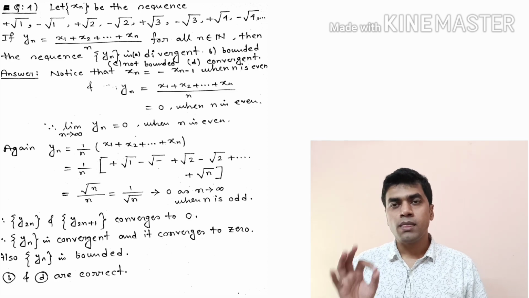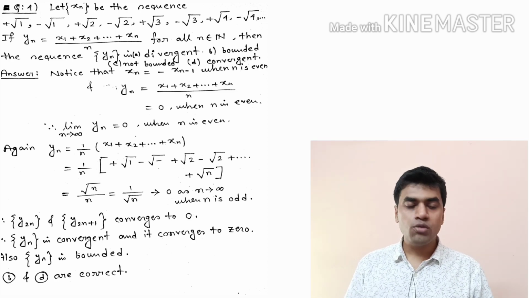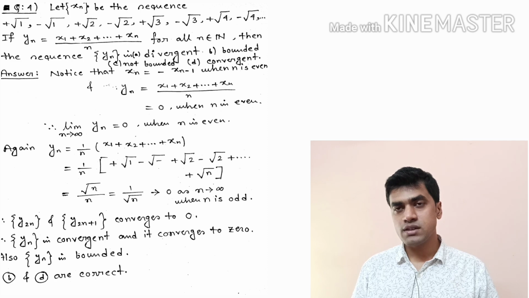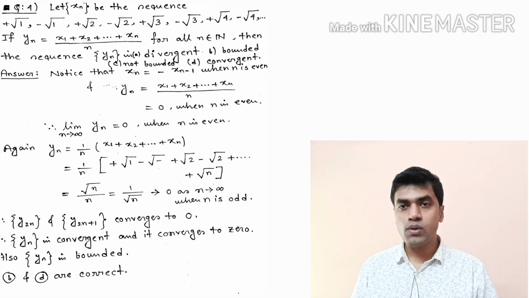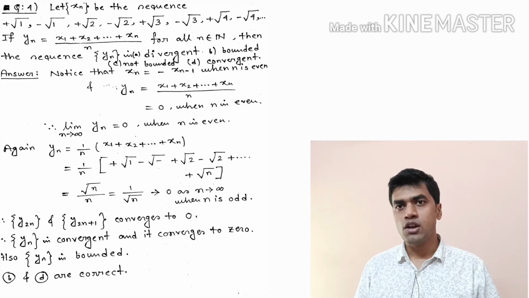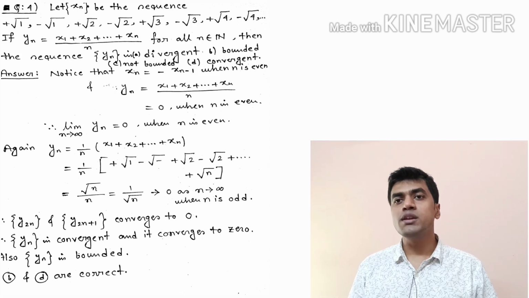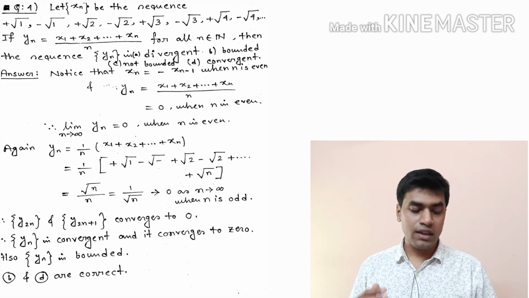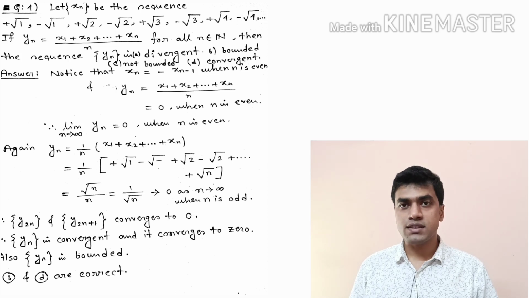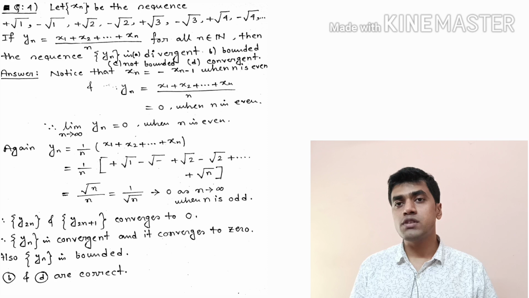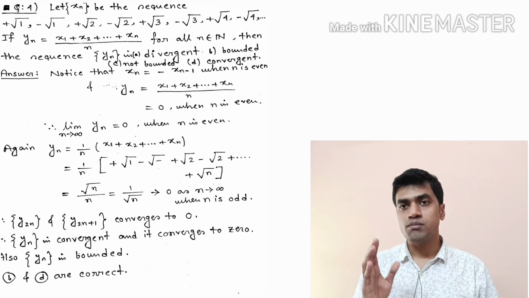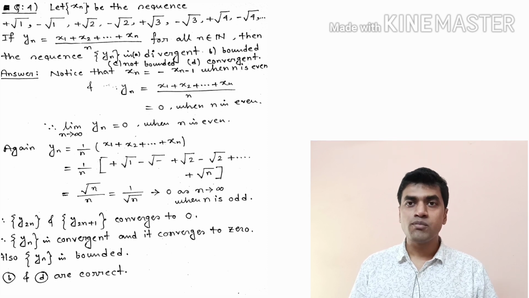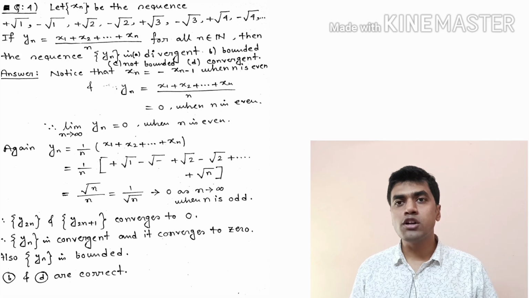And see here, for the sequence yn, the even placed subsequence y2n and the odd placed subsequence y2n plus 1 are converging to the same limit, and we have a theorem which tells us that if y2n and y2n plus 1 converge to the same limit, then the sequence becomes convergent, and its limit is the same as that of the even placed and odd placed subsequences.